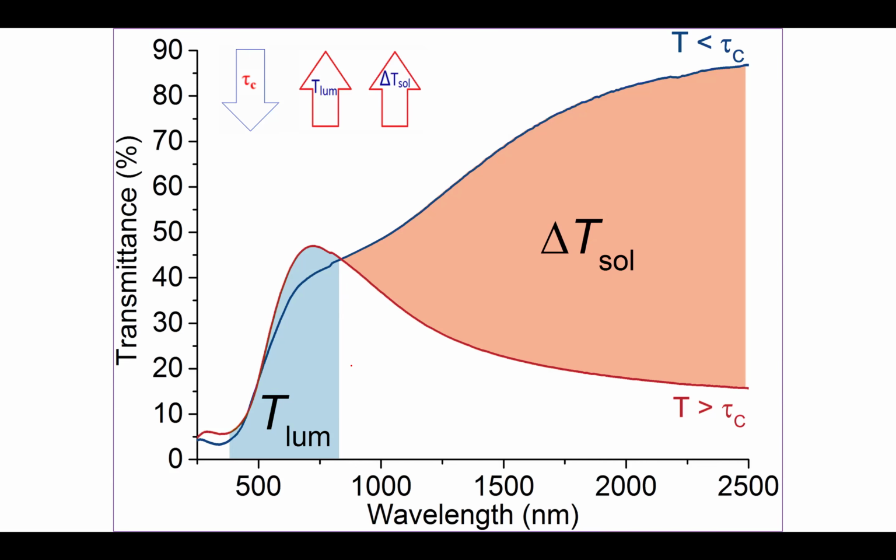TILU is the luminance transmission of the window, and delta T so is the heat modulation capability of a window, because we want more heat in winter and less heat in summer. We don't go into very exact scientific explanations, but just so you know, these are the three important things in this research.